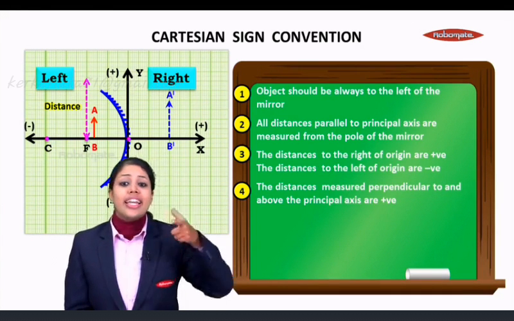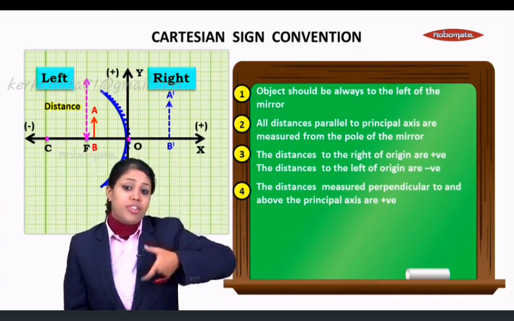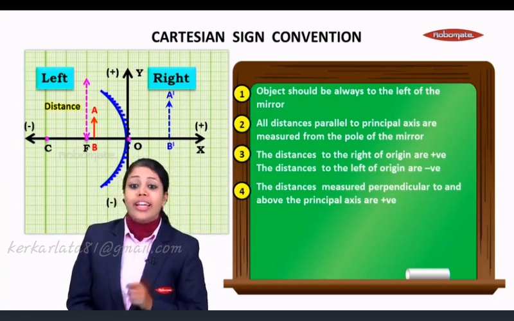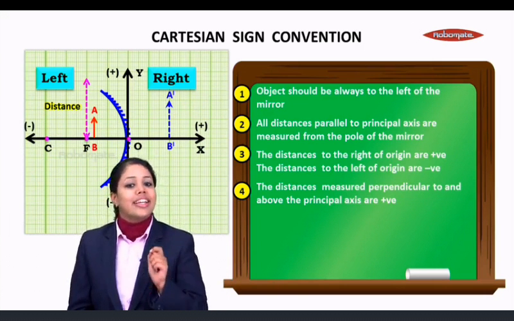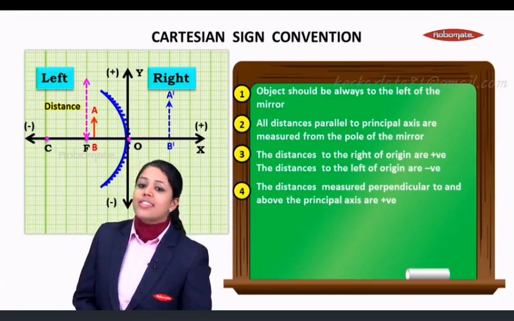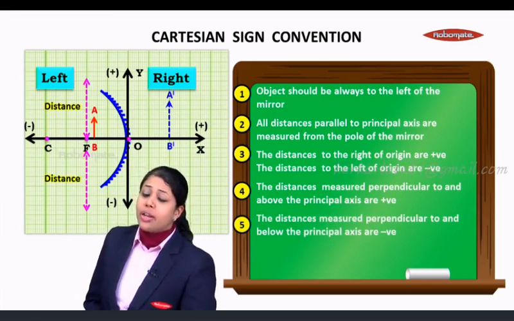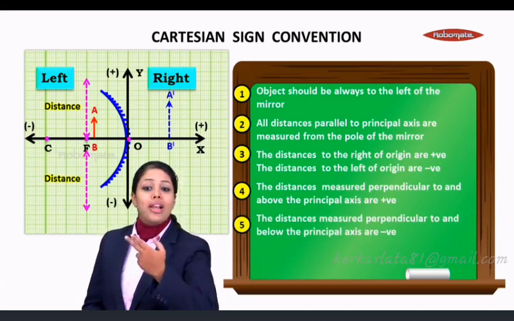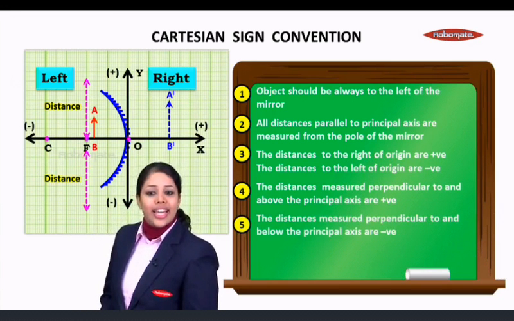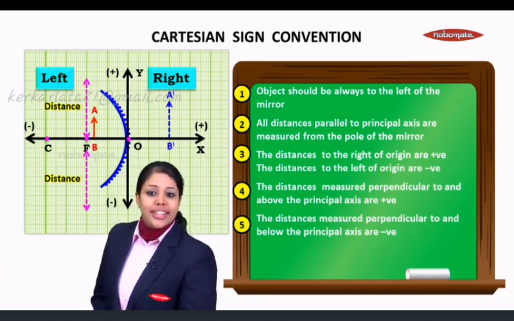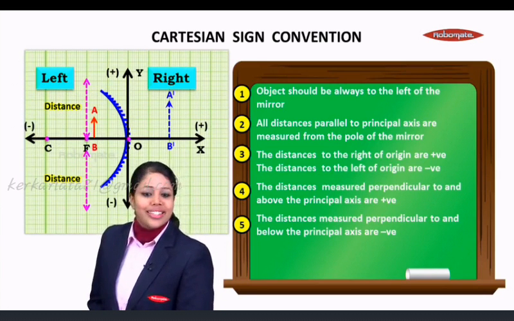But if I get a real and inverted image, below the principal axis, then you say the image height is negative. Here the image height is positive, right? The next point says the distance measured perpendicular to and below the principal axis is negative. So I told you, if the image is real and inverted, then the image height will be negative.